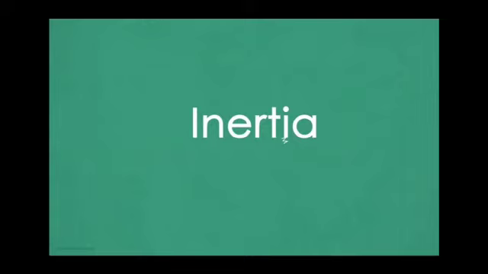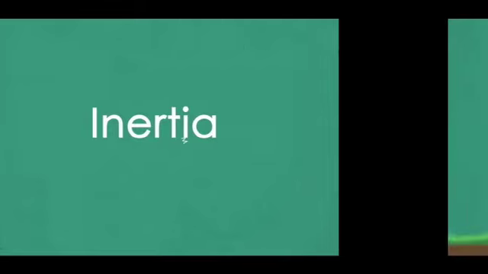Next, inertia. So in simple words, objects tend to keep on doing what they are doing. It's the natural tendency of every object to resist change in its state of motion.